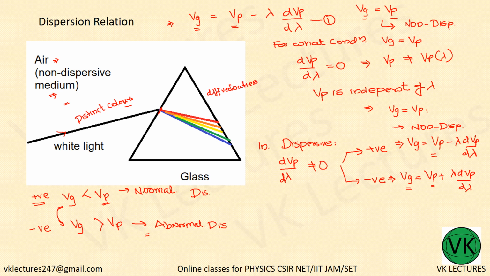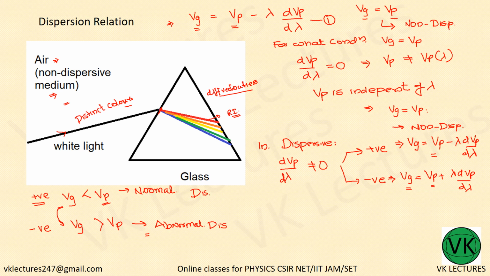For that reason we observe them as different colors, because each color has a different refractive index, since they move with different velocities.